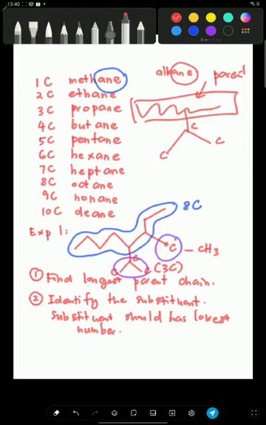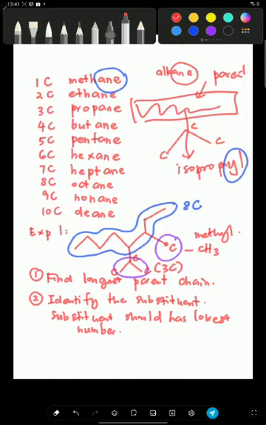The V structure is representing isopropyl. When it become substituent, so A and E change to YL. Isopropyl. So here methane, it will be methyl.